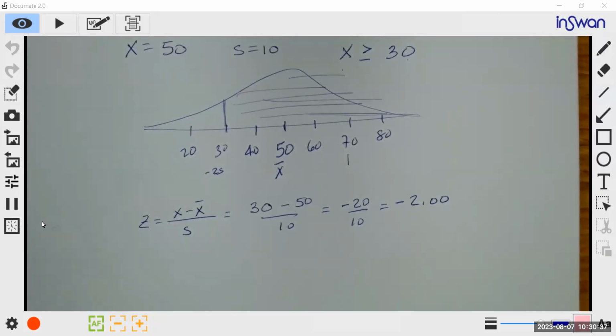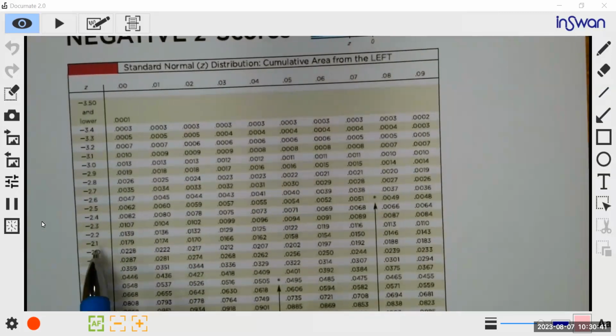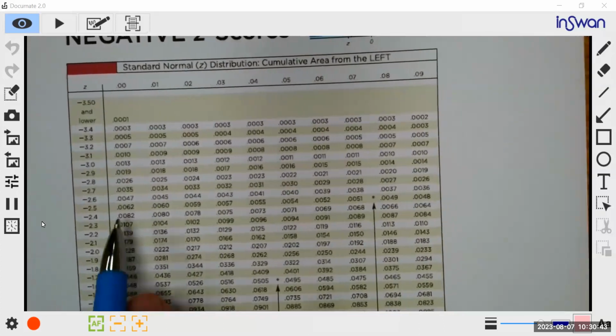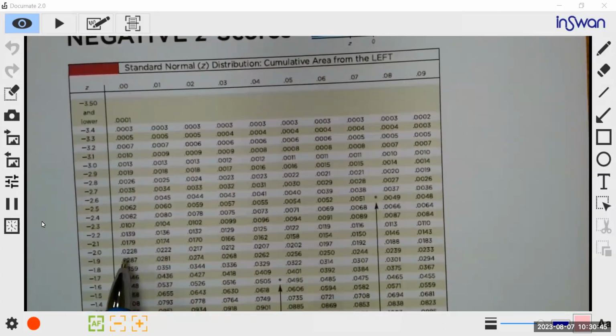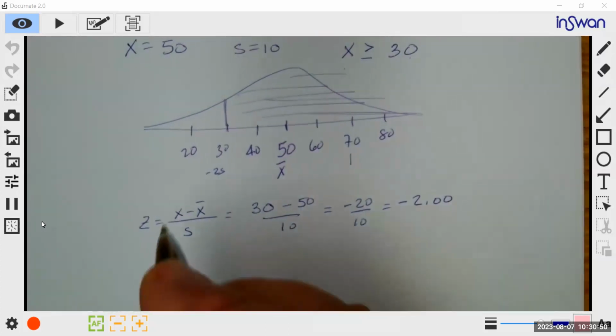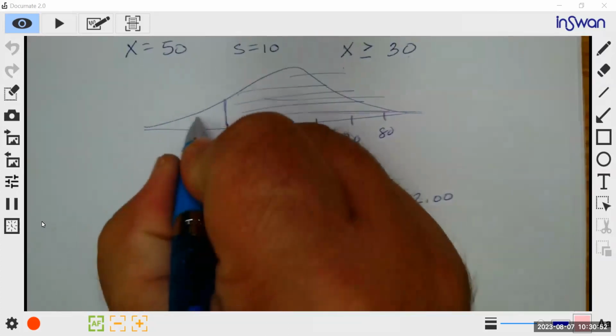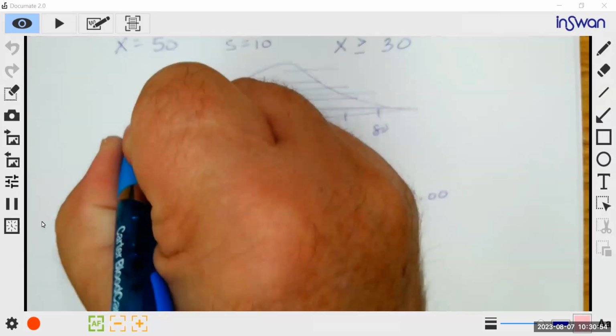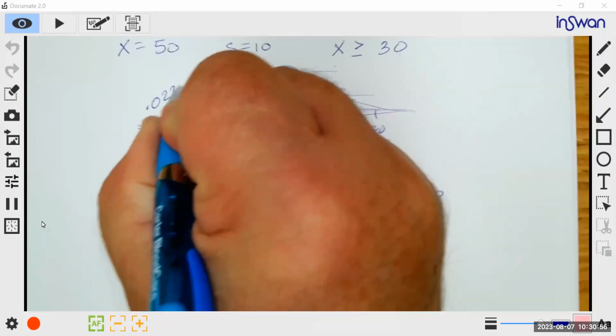Our chart at negative 2.00 is 0.0228. And that finds this area, 0.0228.